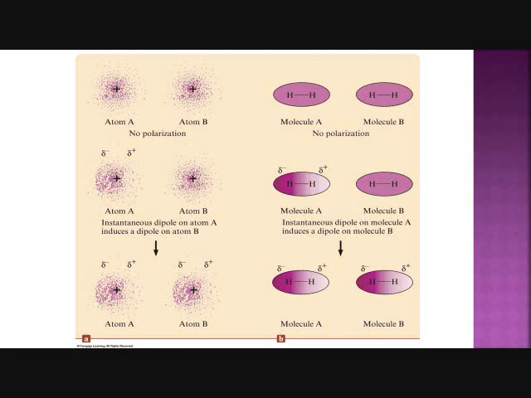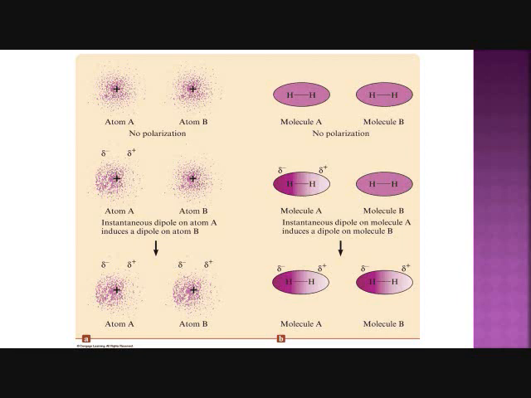Atom A and atom B have no polarization. For example, if we had 2 H2 molecules, they're nonpolar molecules. Well, something happens so that all of a sudden one of the molecules gets an uneven distribution, and the electrons move to one side.